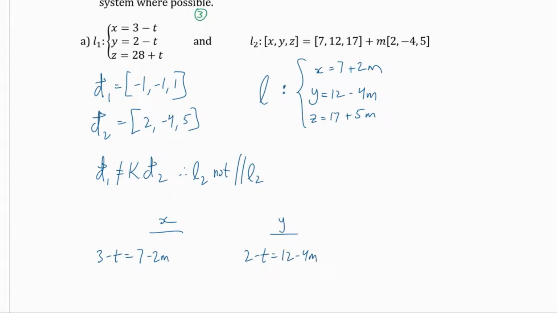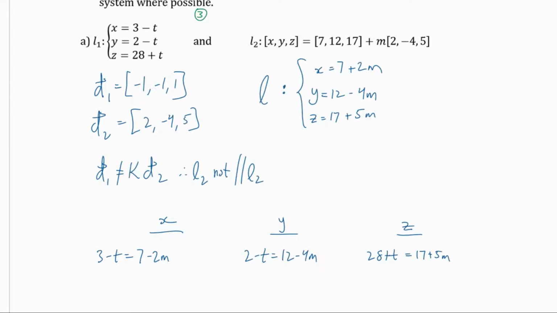And the z: 28 plus t equals 17 plus 5m. Okay, so just the z equal to the z. No magic there, that's where that's coming from.